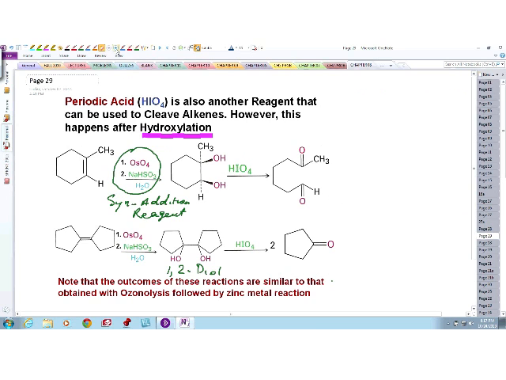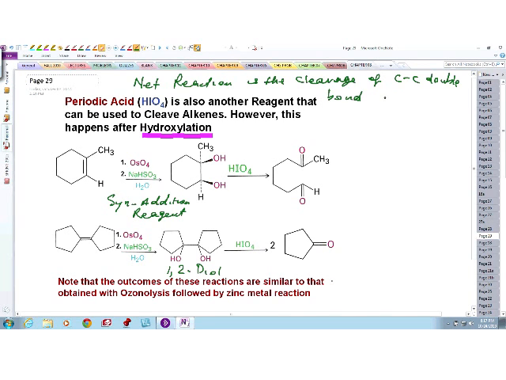So if you look at this sequence of reactions, osmium tetroxide followed by periodic acid, the net reaction is the cleavage of carbon-carbon double bond to give aldehyde or ketone.